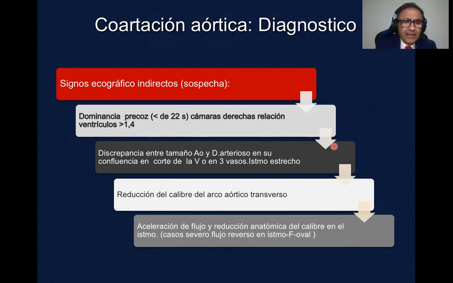A clear and evident discrepancy in size between the aorta and the ductus arteriosus on the three-vessel trachea view at the V convergence, where the ductus arteriosus will clearly predominate relative to the aortic isthmus. A reduced caliber of the transverse aortic arch, and there may also be flow acceleration and anatomic narrowing of the isthmus.